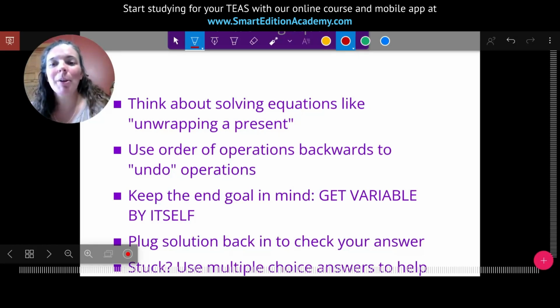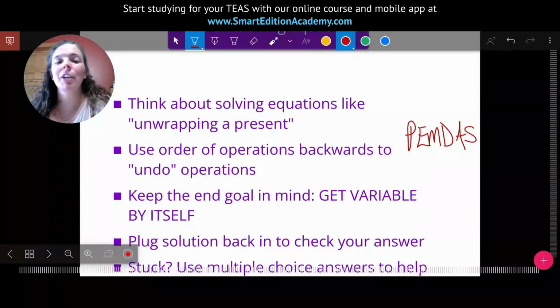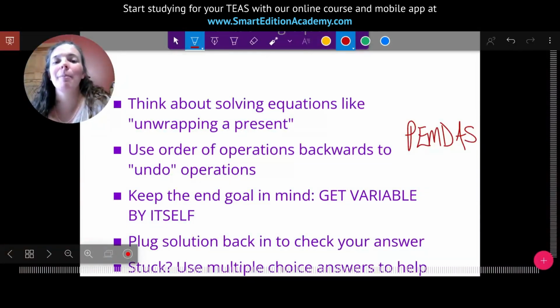So I like to just think about it as unwrapping a present. So we're going to use order of operations backwards to undo those operations. When we have learned order of operations in the past, PEMDAS, this has taught us how to simplify and solve expressions. When we do it to solve an equation, we're essentially doing it backwards.